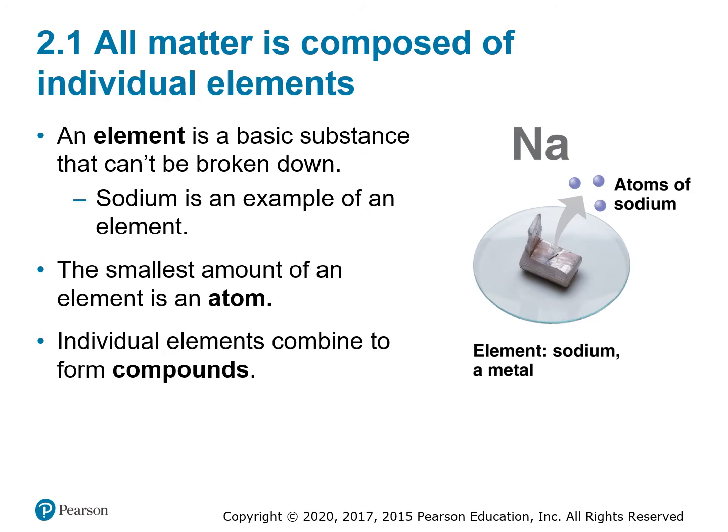All matter is composed of individual elements, and an element is a basic substance that can't be broken down. So that's that atom idea. The smallest amount of any element is an atom, and these individual elements come together to form compounds.